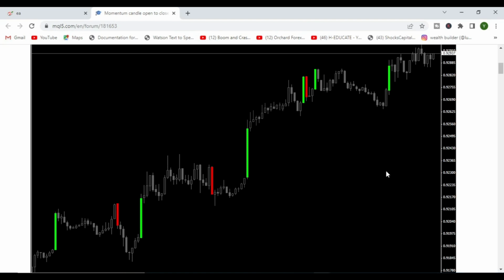So you can see on my screen here what we have. We have some candles that are highlighting momentum. After some quiet candles, we have a momentum candle, and then it continues to go up. And the good thing about this is that it's in an upward direction, which is a bullish market.